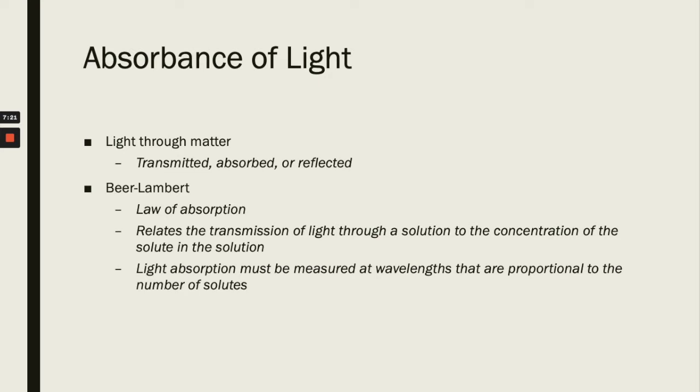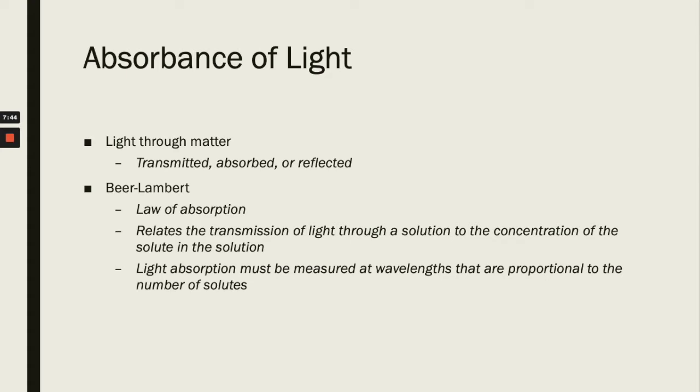A more concentrated solution would absorb more light than a dilute solution does. Light absorption must be measured at wavelengths that are proportional to the number of solutes in that solution.